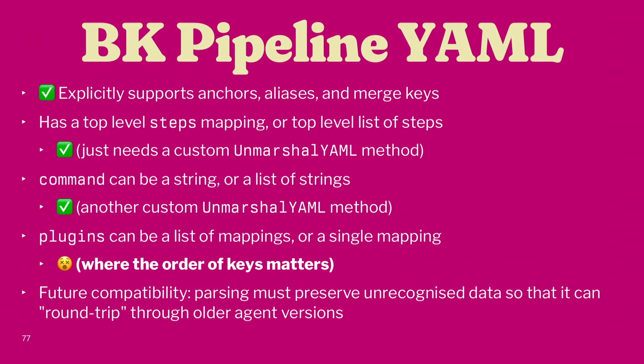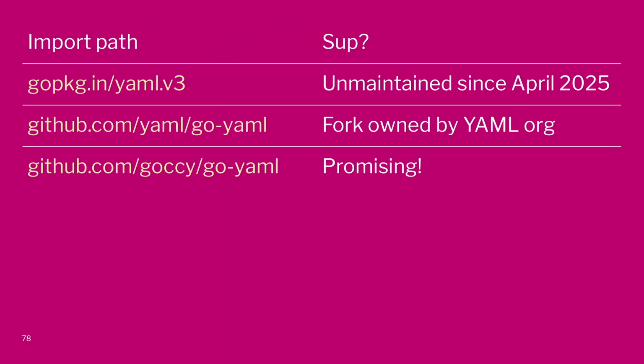And one important detail to all this is that we want to be able to preserve functionality going forward. So if you want to write a new pipeline YAML, an old version of the agent should be able to upload it, and it should just still work. And the situation with Go and YAML parsing is a bit complicated now because back in April, the main package everyone was using became deprecated.